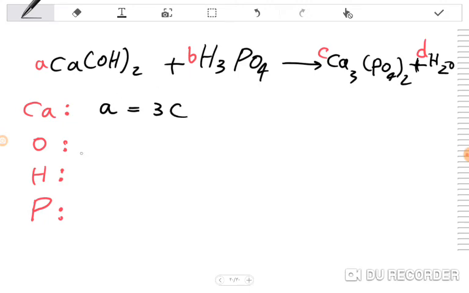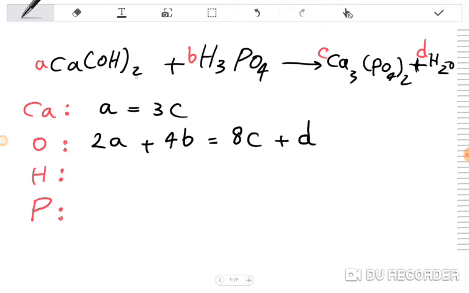For oxygen, we have here 2 atoms of oxygen because of OH 2 times, so 2A, plus we have here 4B for oxygen, equal to 2 times 4 is 8, 8C plus D. Okay?